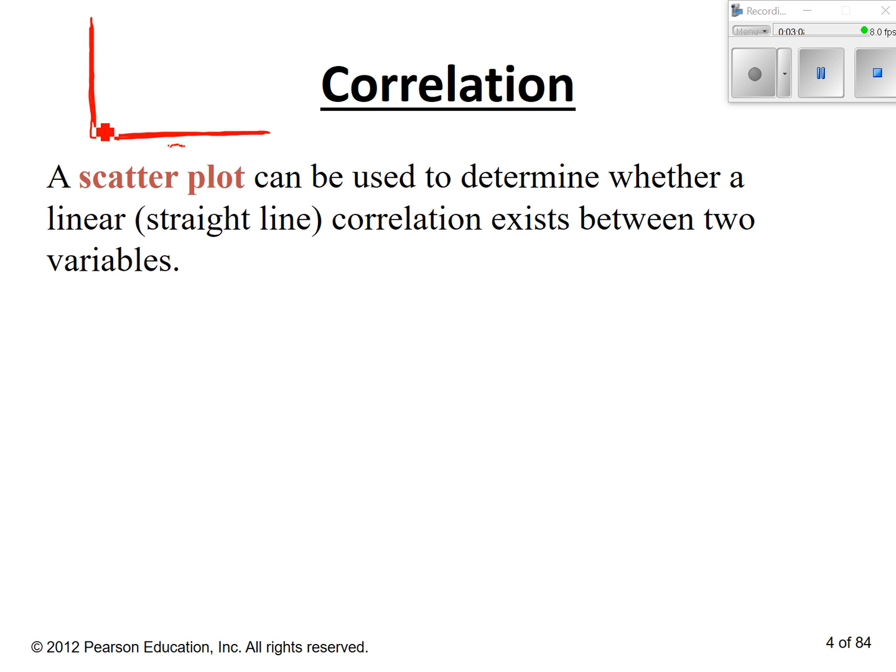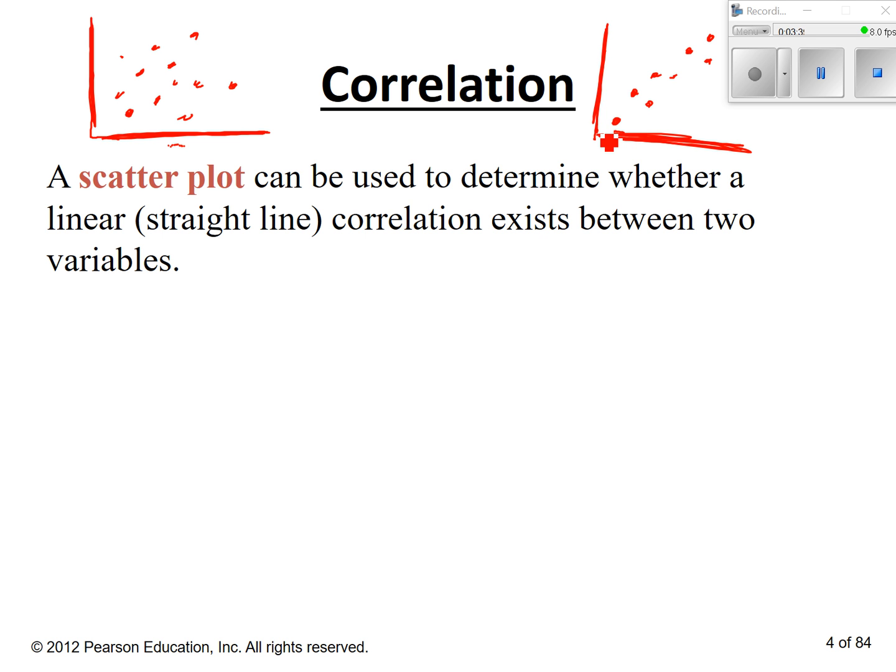If it's just a random scatter plot and it just looks like this, then it really doesn't look like what the x is affects what happens with the y. But if we have another scatter plot and it looks more like this, then it looks like as the x gets bigger, the y also gets bigger.